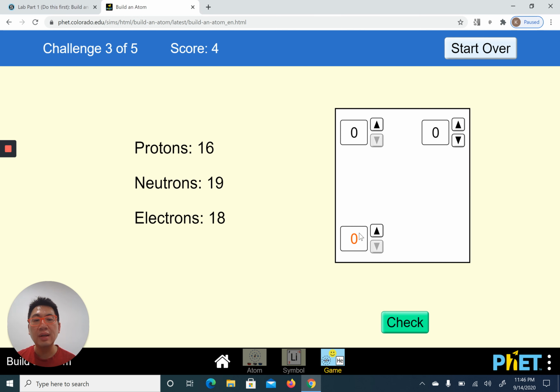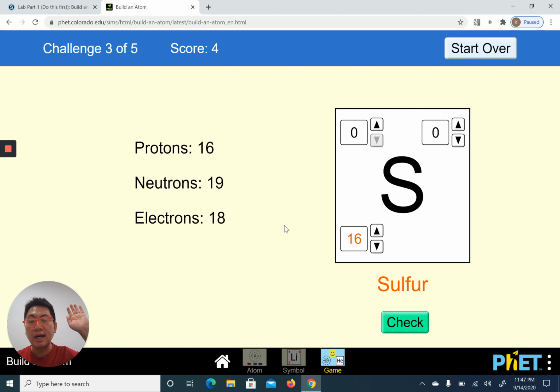Okay, so I'm changing 3 numbers here: bottom number, top number, then the right number. What is the bottom number? The number of protons is 16, so element number 16, which is sulfur. Now, what is the top number? The top number is the mass number, number of protons plus neutrons. So what is 16 plus 19?